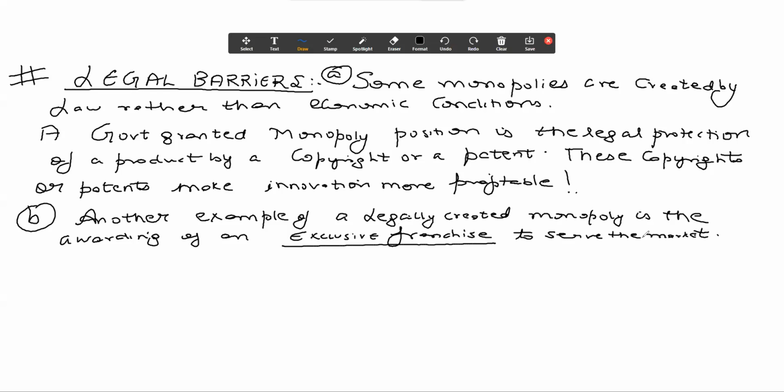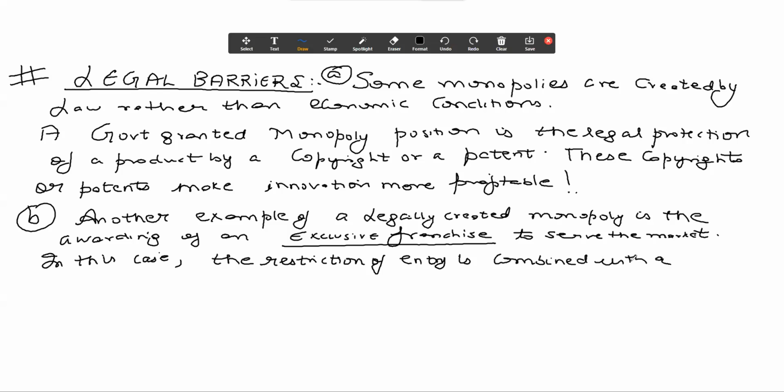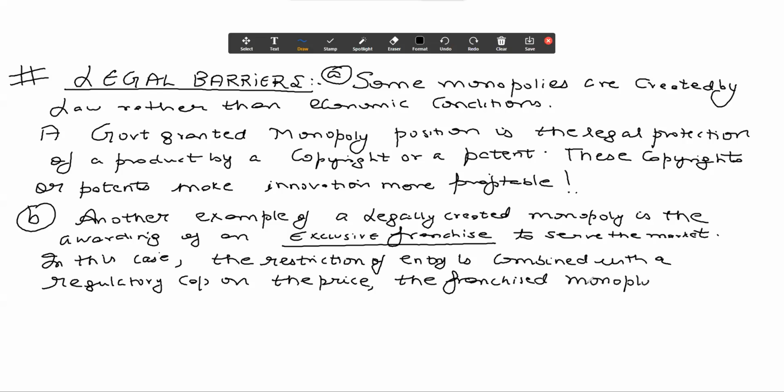Okay, so in this case, the restriction of entry is combined with a regulatory cap on the price the franchised monopolist can charge.